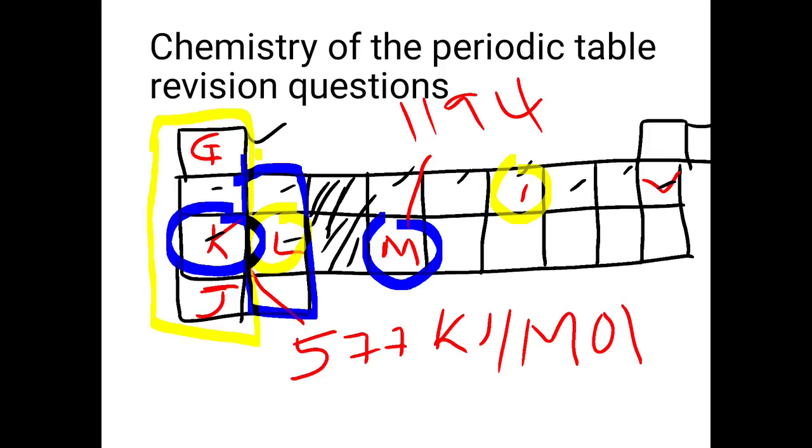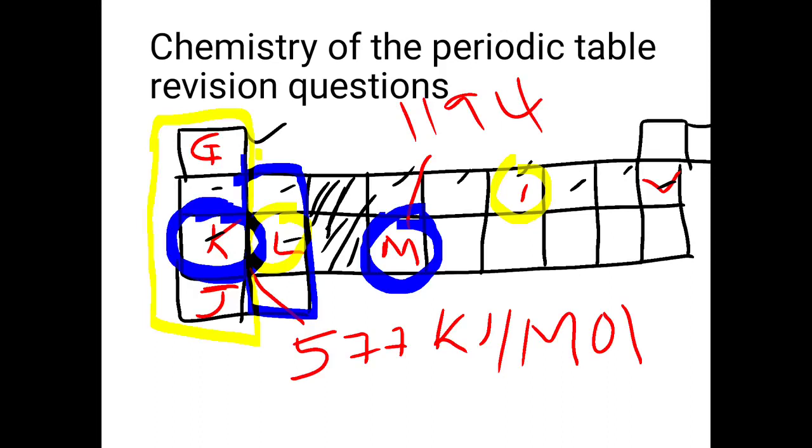And then next question is, you choose between K and M. You see where we have K here, and then we have M here. You choose now between K and M, which one is a better conductor of electricity. Remember that electrical conductivity of elements depends on the electrons in the outermost energy level.